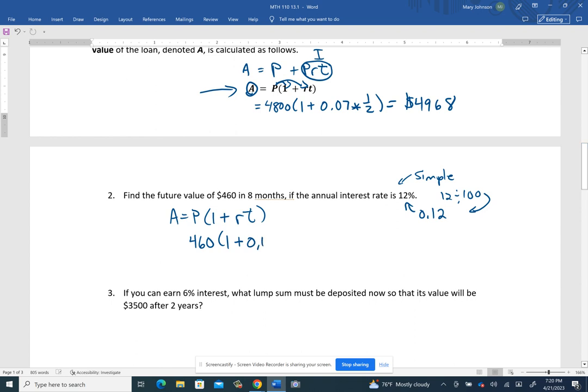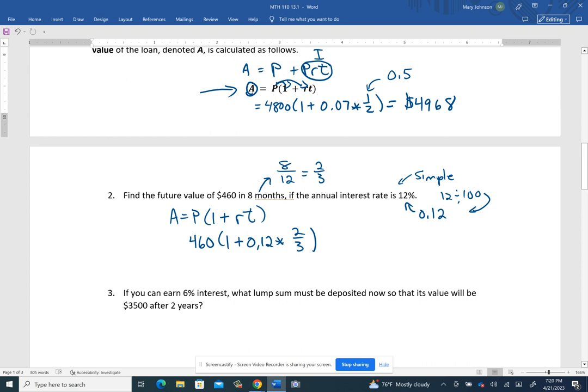So the interest rate is 0.12, and then the time again is months, so I'm going to need to take the 8 divided by 12. And when I do, I get 2/3. Sometimes it doesn't matter whether you write something as a fraction or a decimal, like 1/2 is the same as 0.5, and we didn't round or anything. They're exactly the same.